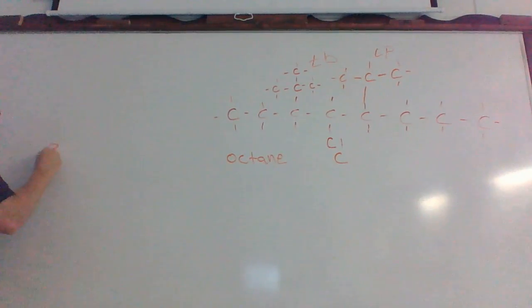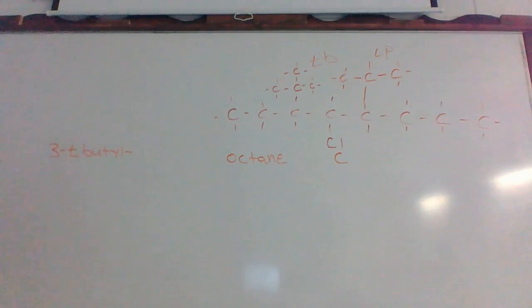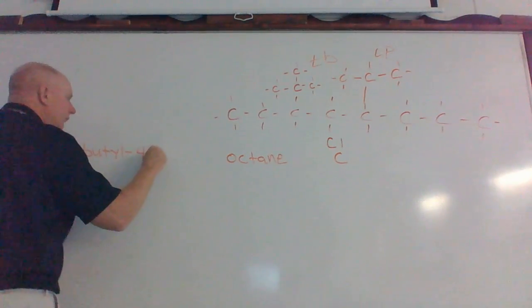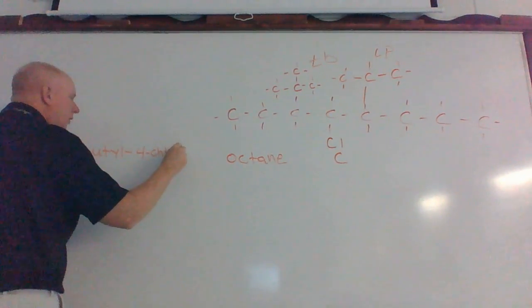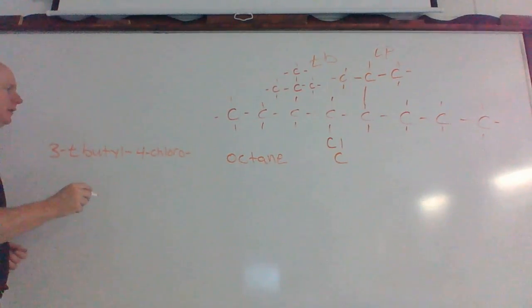So we've got, and we want to have plenty of room here. So we got 3-t-butyl dash, then what comes next? The chloro, 4-chloro. And then 5 what?